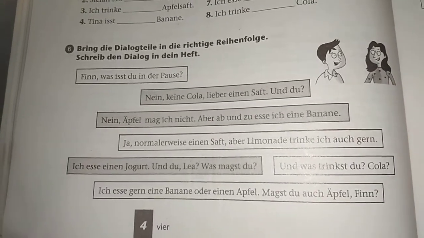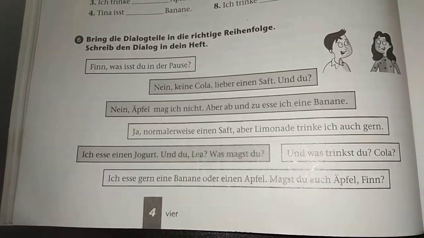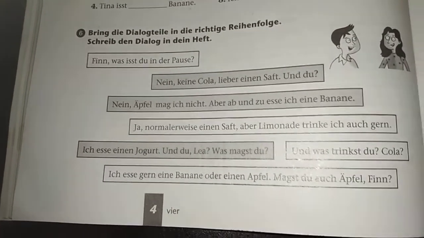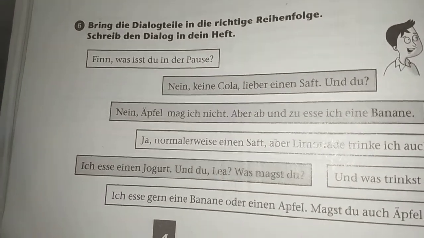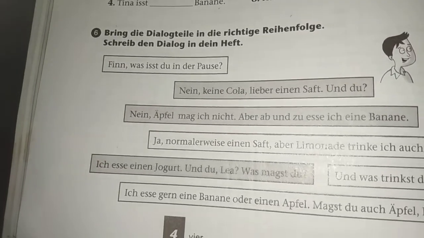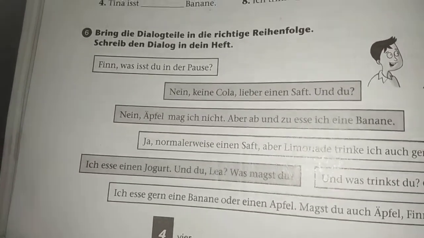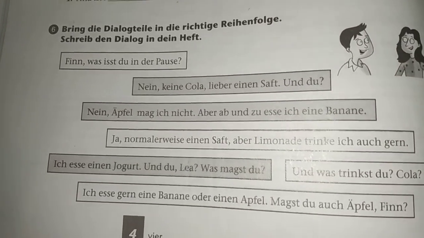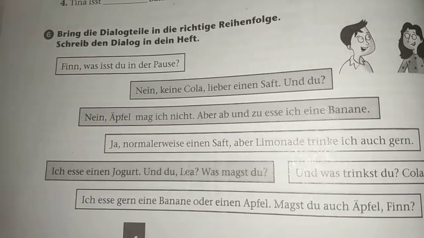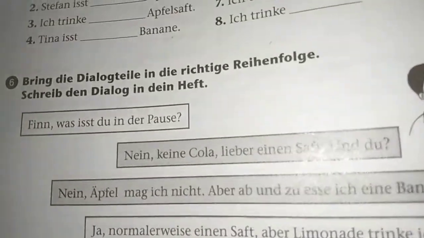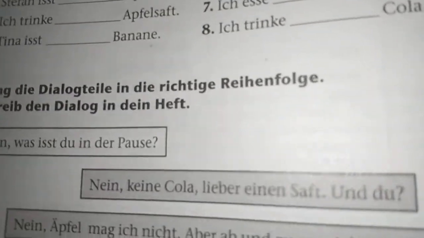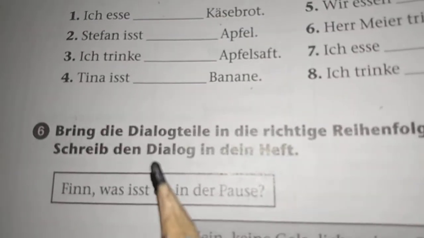You have to form the sequence of the correct dialogue and write it in your CW. Okay. So I will just read the sentences for the sake of vocabulary, but the correct sequence you will write in your CW. Clear? So the first sentence.